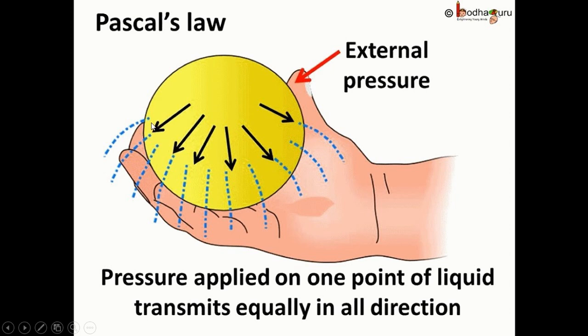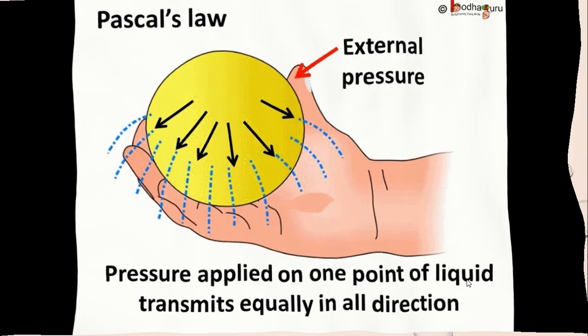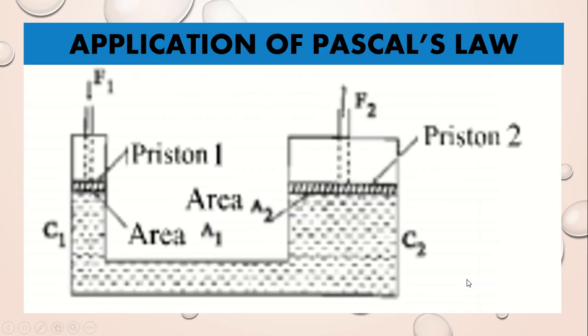So if I make some pores on the balloon, the water will come out through all the pores with equal pressure, which supports Pascal's law. That means pressure applied on any point of a liquid is transmitted equally in all directions. Now, the application of Pascal's law.